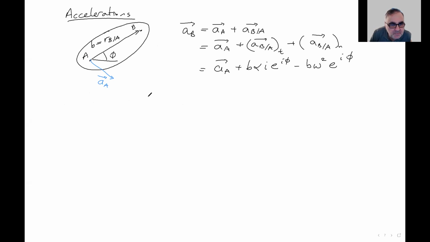In terms of the velocity triangles, it is the following. Let's say this rotates with phi double dot. So you have AB relative to A tangential in this direction.